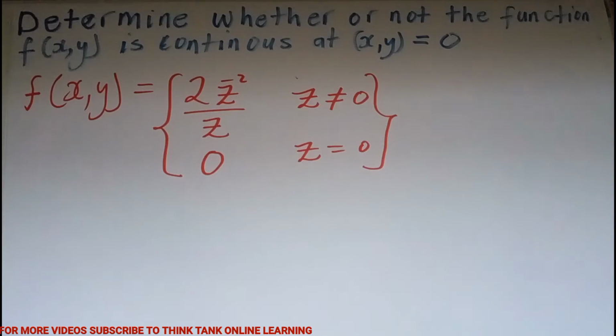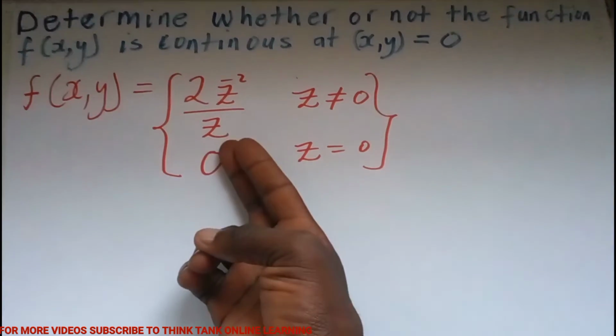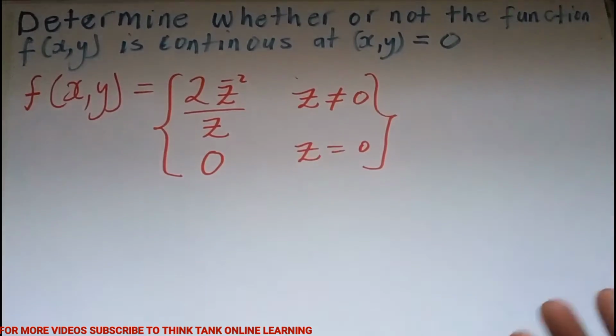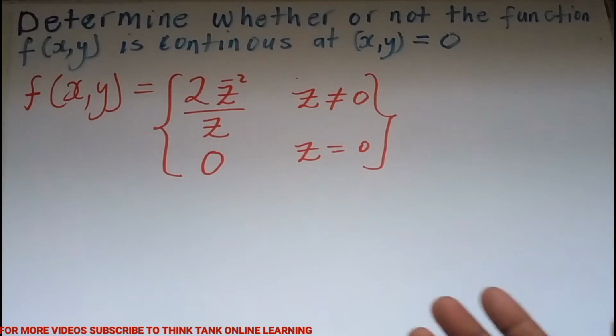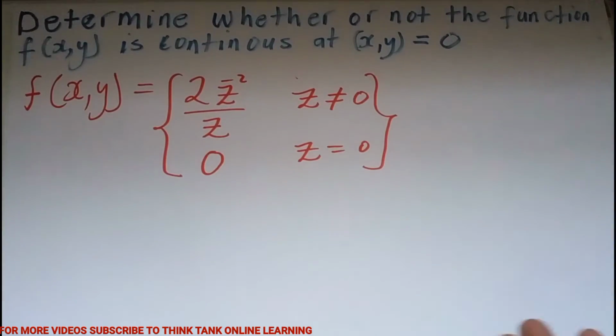Unfortunately we're not going to use L'Hospital's rule, because this is z and this is not z squared but z conjugate, so you can't use L'Hospital's rule, and if we use substitution, we're going to get 0. So we want to think of another approach. When given a problem like this, I think using polar coordinates is one of the best.